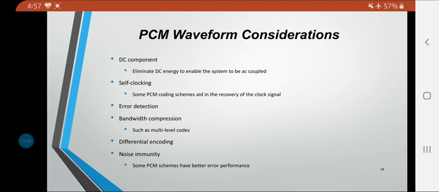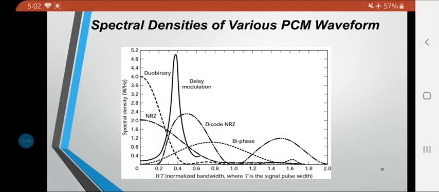That is why we say noise immunity must be considered in PCM waveforms. As an example, NRZ waveforms have better error performance than unipolar RZ waveforms. So NRZ is good when compared to unipolar RZ.